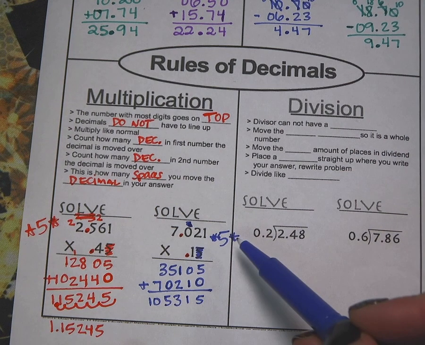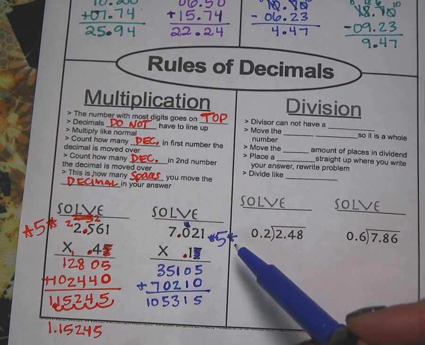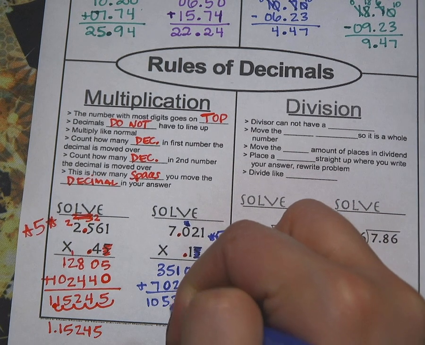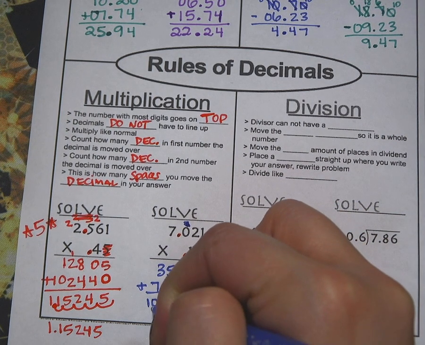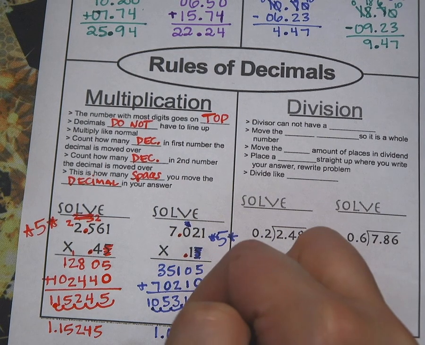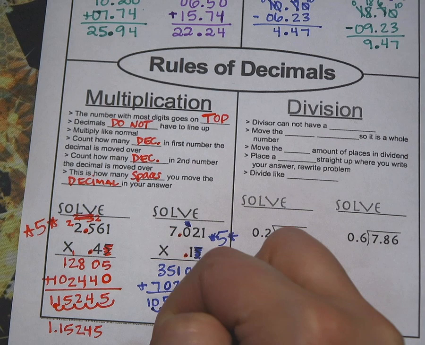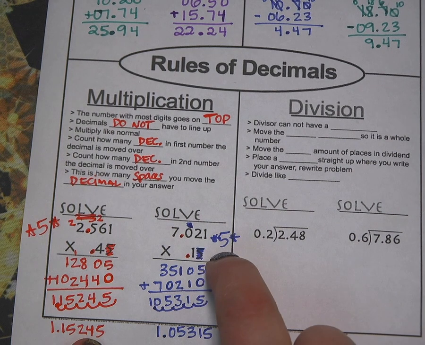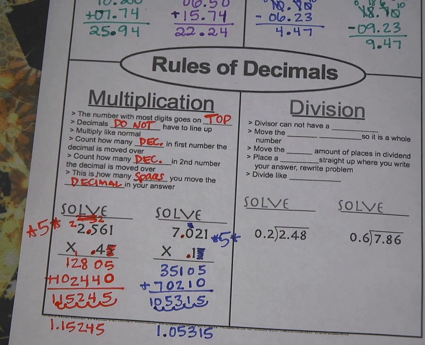I look back over here and I say, oh, I have 5 decimal places I need, so I'm going to hop from the back. 1, 2, 3, 4, 5. So my answer will be 1.05315. So if you're somebody who regularly forgets your decimal place, start using that trick to kind of remind you.